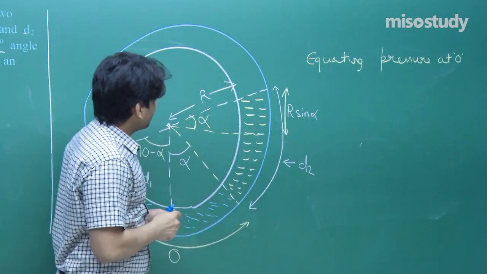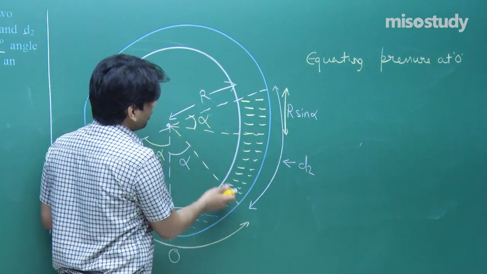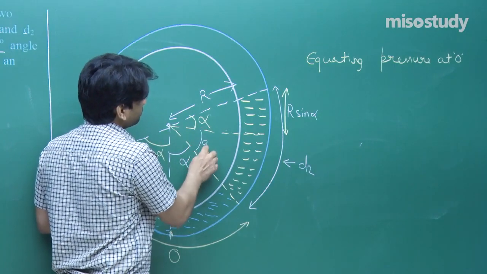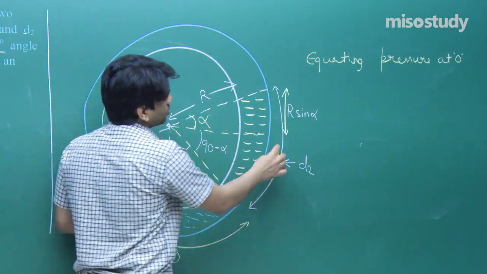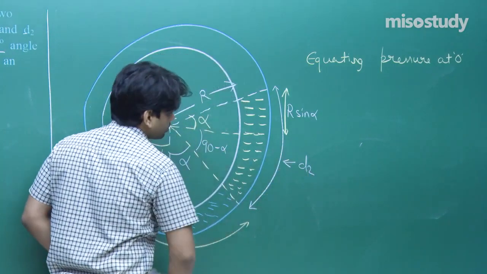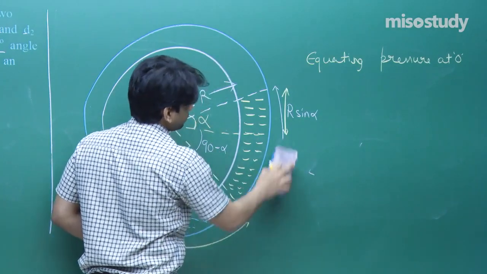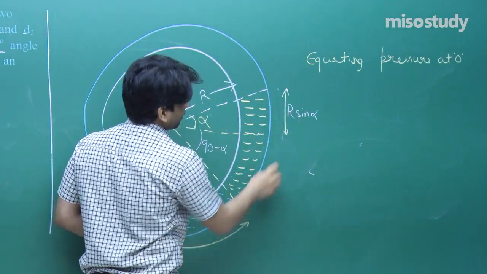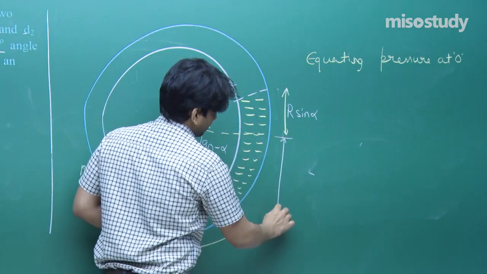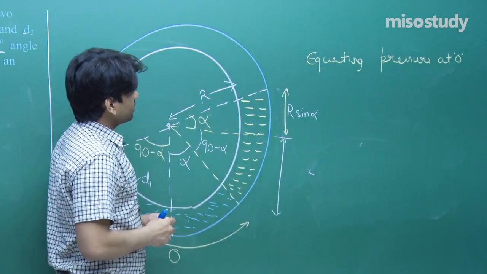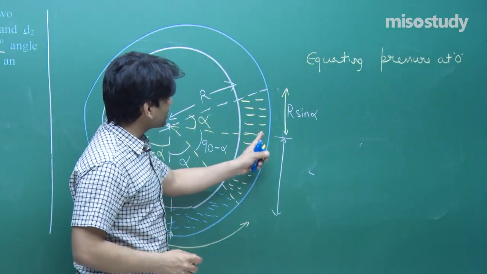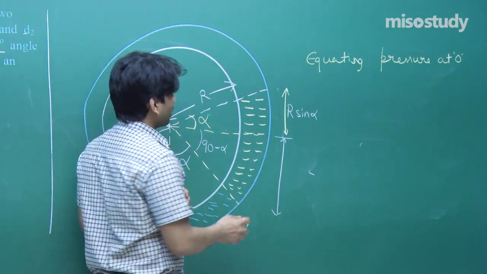Now you see, this is R, this is 90 minus alpha, quite clear to us. So this height, let me just rub some portions. From here, this height will be equal to R sin(90 minus alpha), that will be equal to R cos alpha.